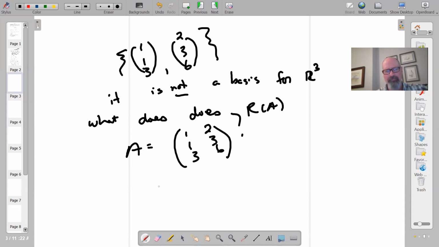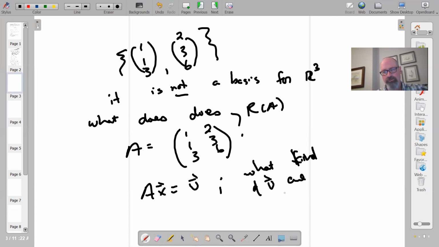This is a question about an equation that looks like this: what kind of V are reasonable? So the thing is, you're dealing with a 3x2 matrix.